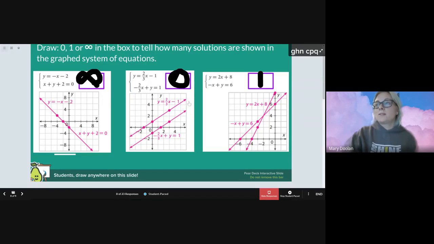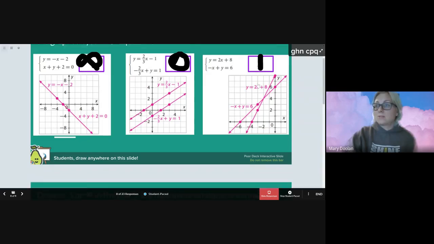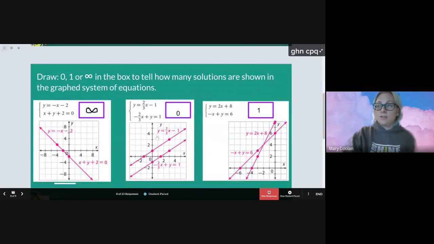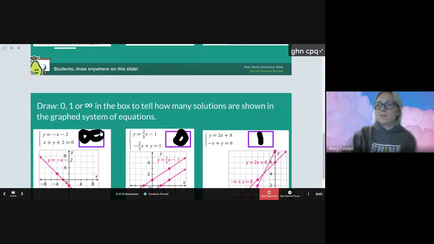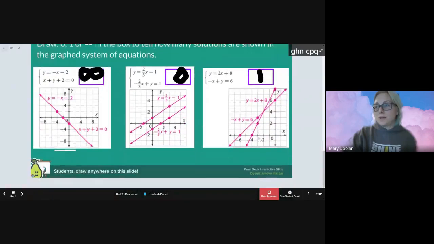Here, two pink lines, they never intersect, so there's never a solution, 0 solutions. Here, the two pink lines intersect one time at this point, so there is one solution. You should have infinity, 0, 1.